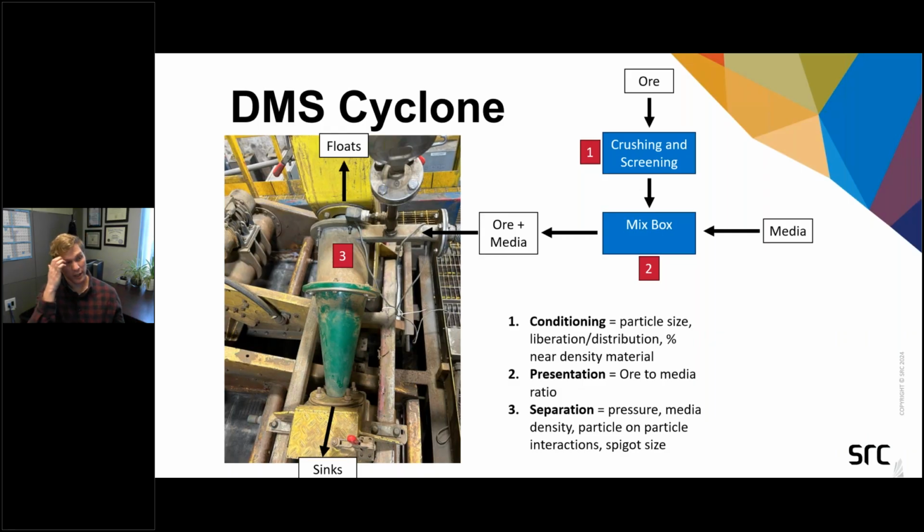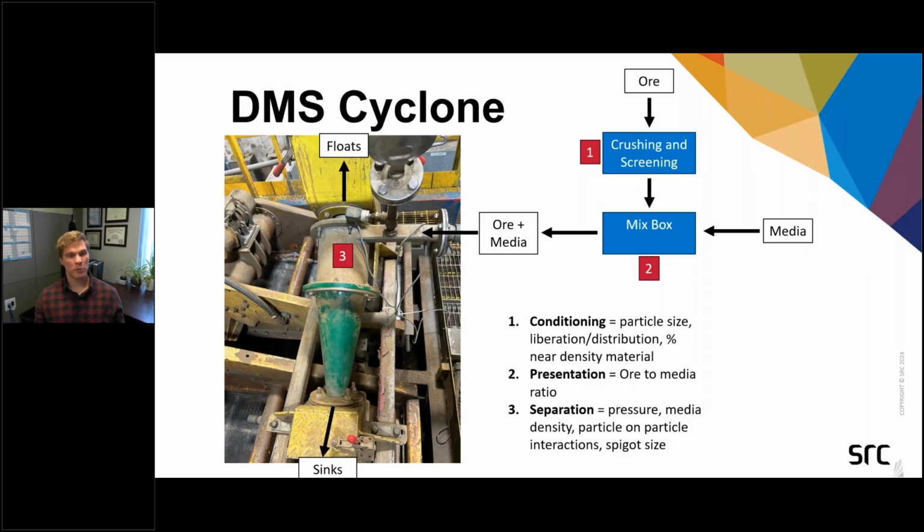You can make a Newtonian fluid by suspending fine particles in water and keeping them suspended, so it acts like a fluid of a specific density. You can combine fine, heavily dense powder with water in specific ratios to control your density. You combine that in a mixed box, and that's the preparation, because you want a proper ore to media ratio to make sure the ore is interacting properly with that circulating media.